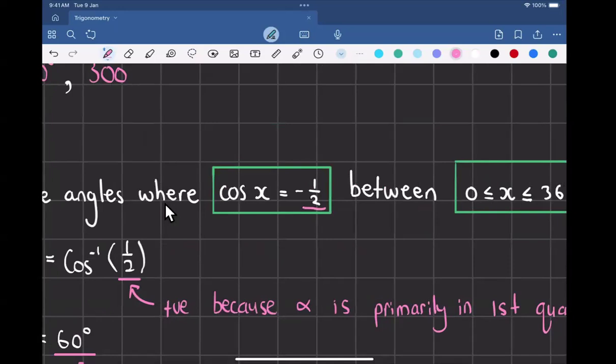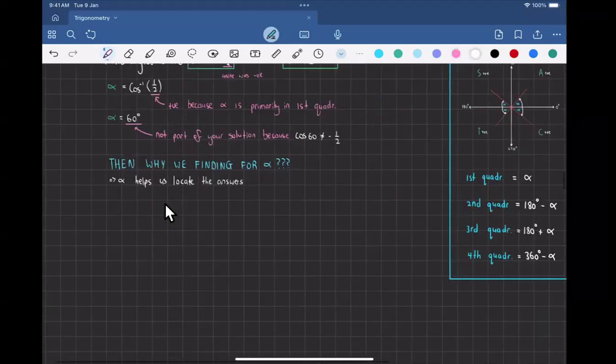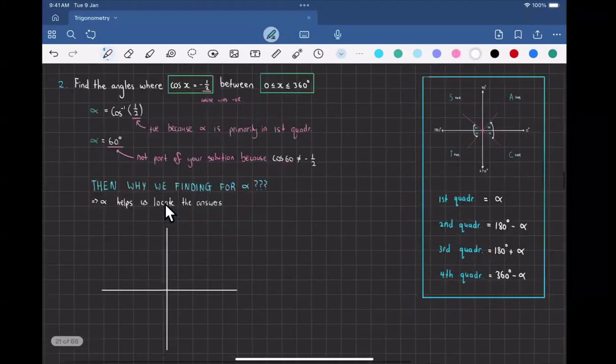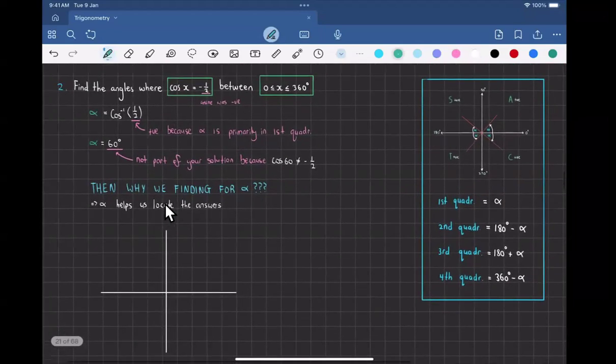Another thing: at the start of the question, it was noted that cosine was negative. If cosine is negative, which quadrants will my answer be in? Let me put in my reference angle quickly. Kiara, let me hear.